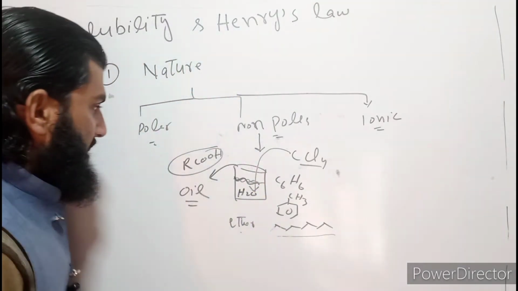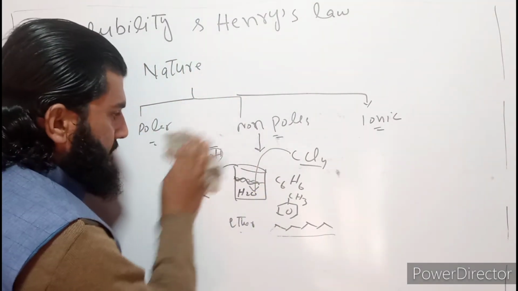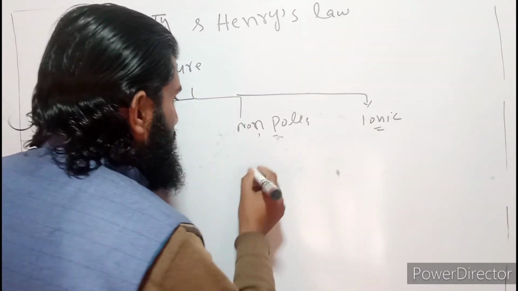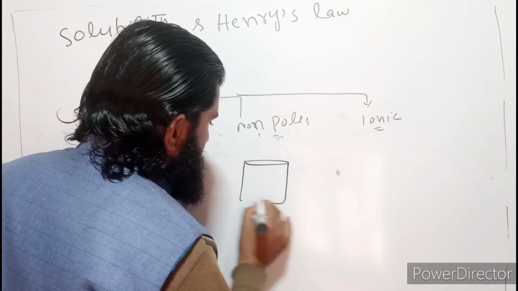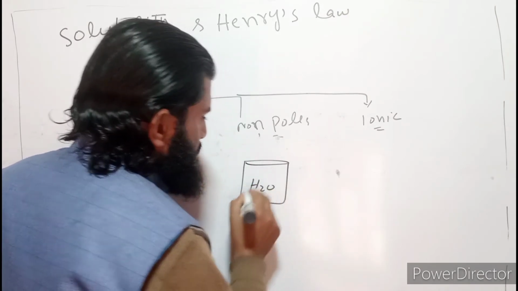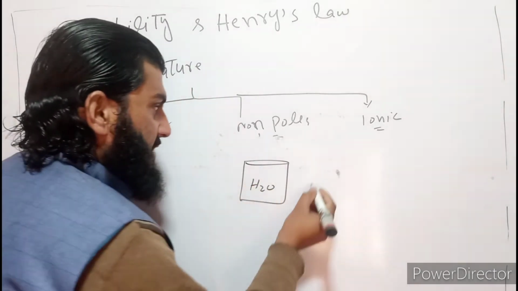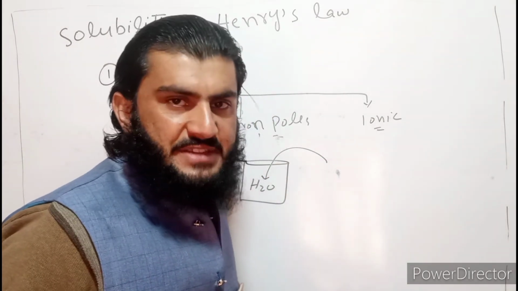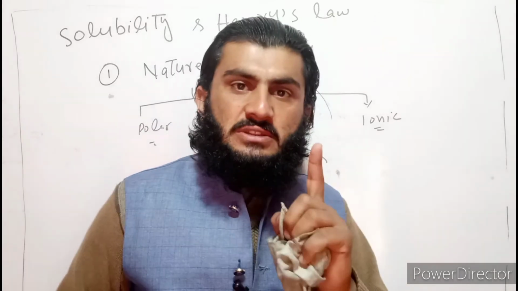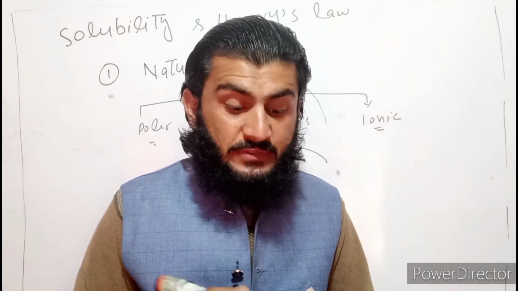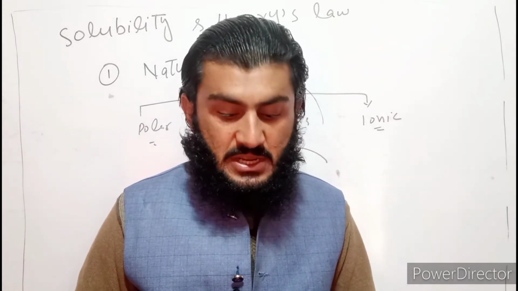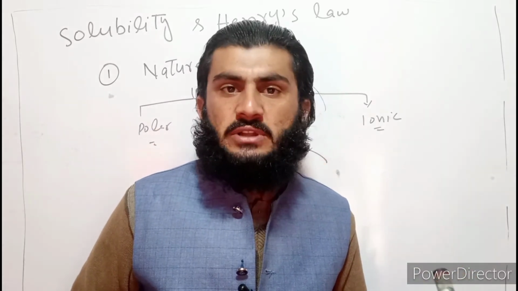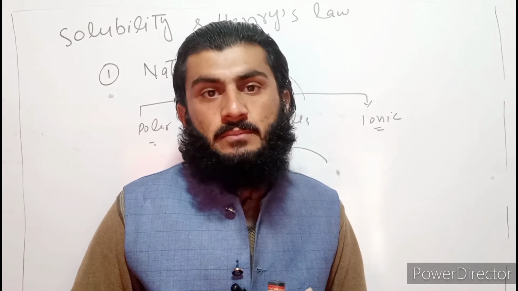We are going to discuss H2O, which is polar, and what happens when we dissolve substances which have a different nature. The first case is that if the solute and solvent have the same nature, meaning the solute is nonpolar and the solvent is also nonpolar, then the solubility will be maximum.